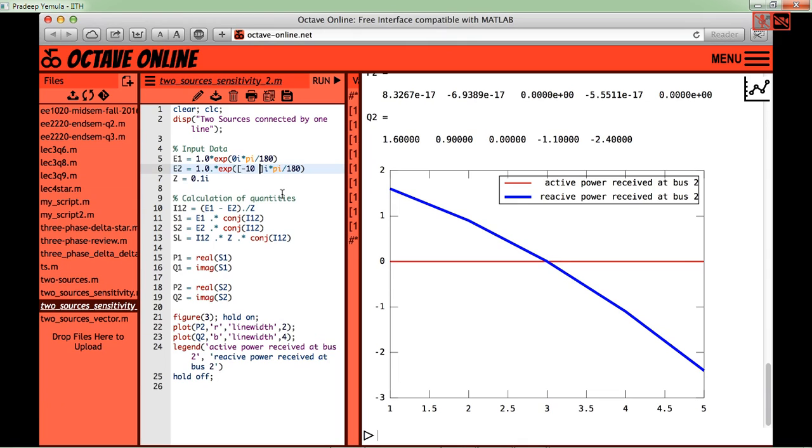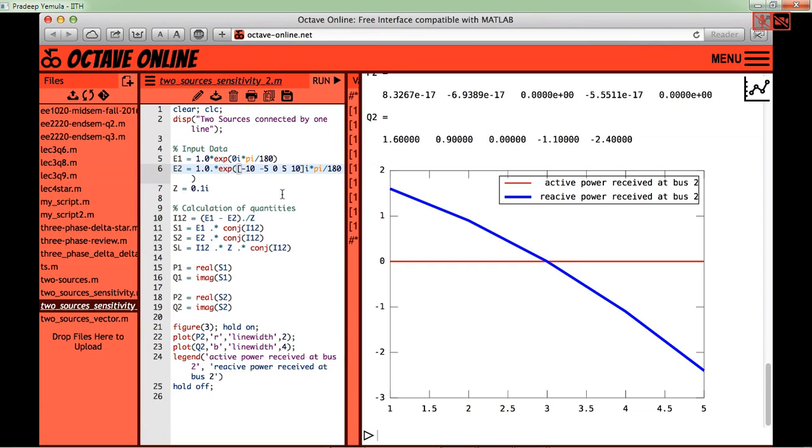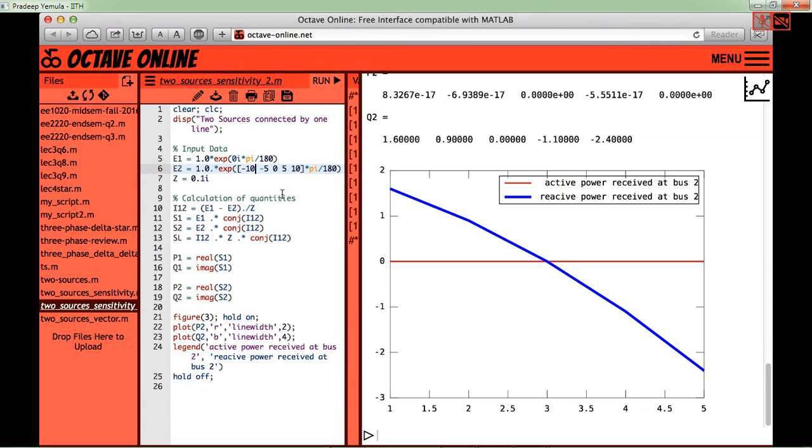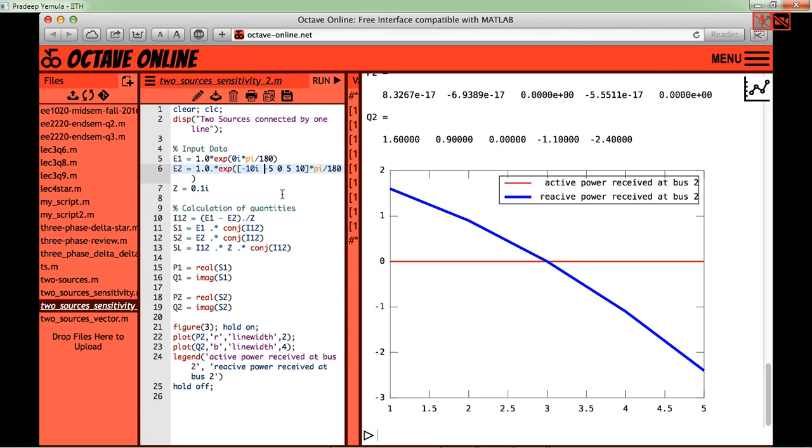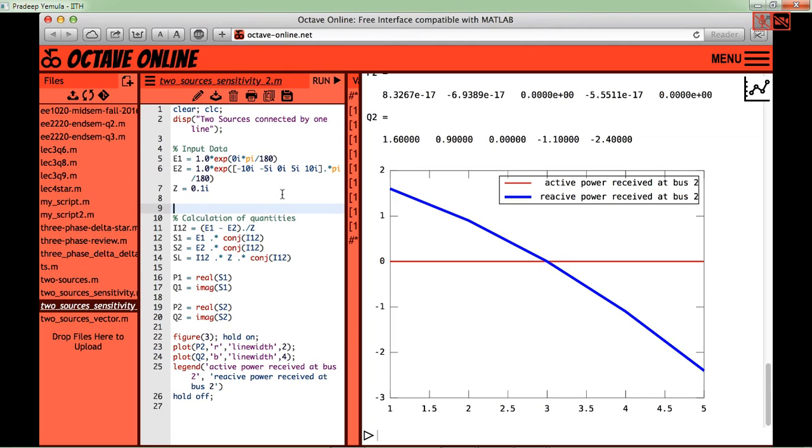That is -5, 0 degrees, 5 degrees and 10 degrees. So in all places I'll put I. So for the rest of the code, let me comment.